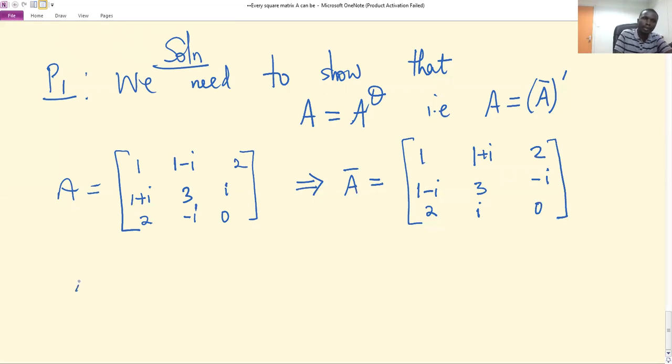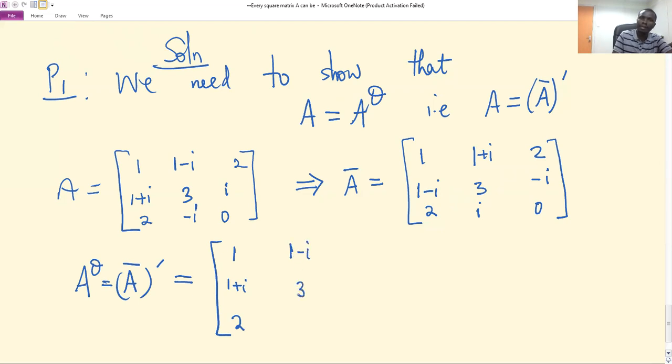Now, A power theta, which is the transpose of the conjugate of A, will be, now we transpose this matrix, so we'll have 1, 1 plus i, 2, then the second row becomes the second column, 1 minus i, 3, minus i, the third row becomes the third column, 2, i, 0.